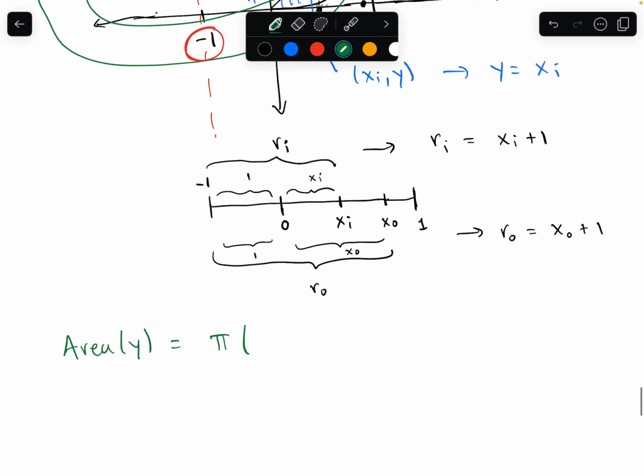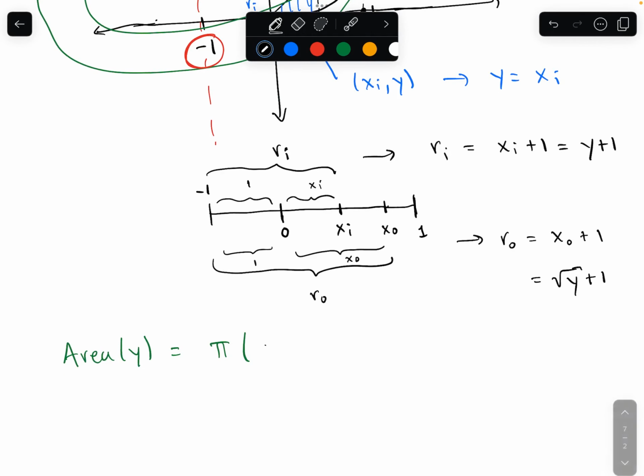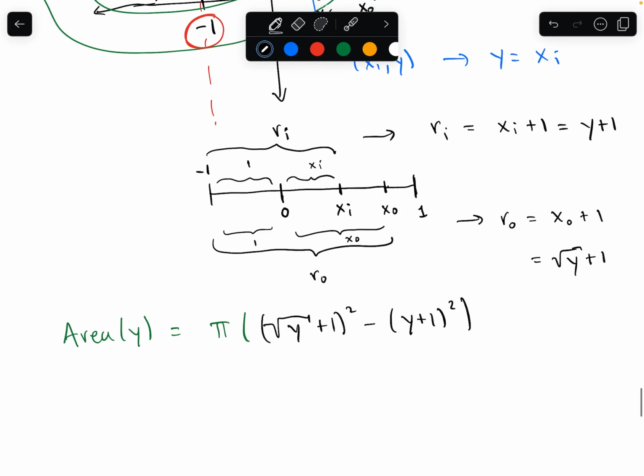Let me go ahead and fill these in terms of y. And this is square root of y plus 1 from what we did above. So now you've got the outer radius squared, square root of y plus 1, all that squared, minus the inner radius squared, which is y plus 1 squared. Yep, that's what that is.